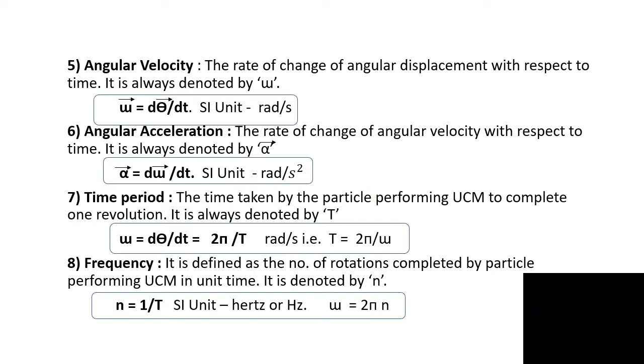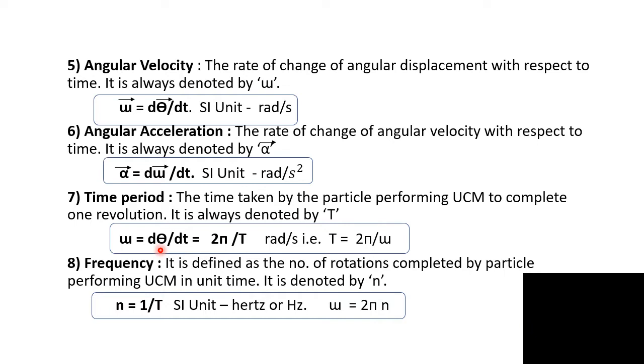Seventh definition: time period. It is defined as the time taken by particle performing UCM to complete one revolution. It is always denoted by capital T. Omega equal to d theta upon dt equal to 2 pi upon T, because in one complete rotation the angle described by particle is 360 degree.